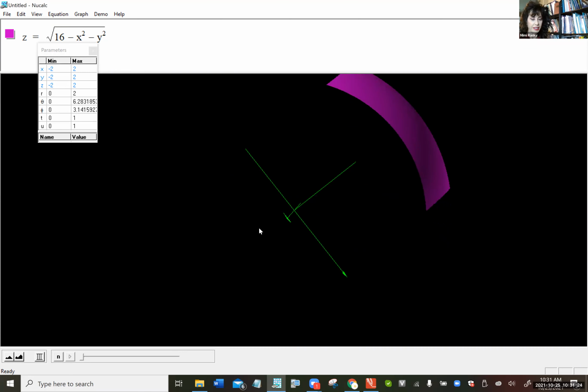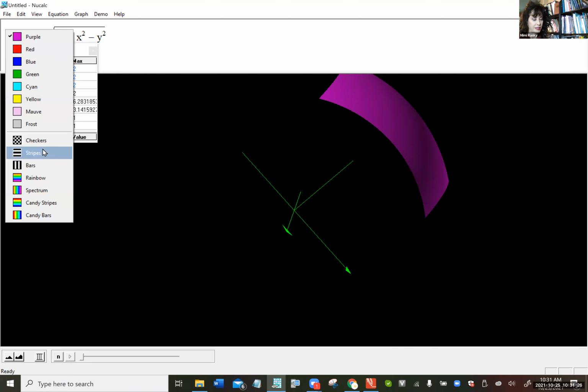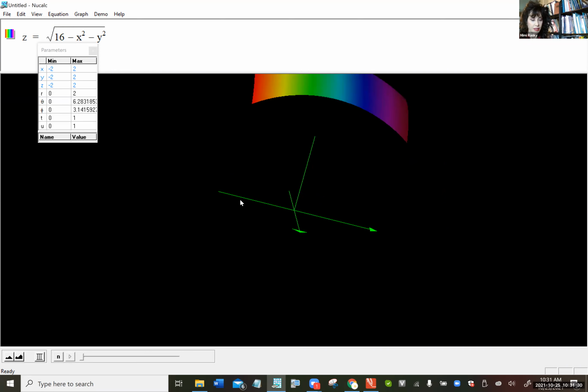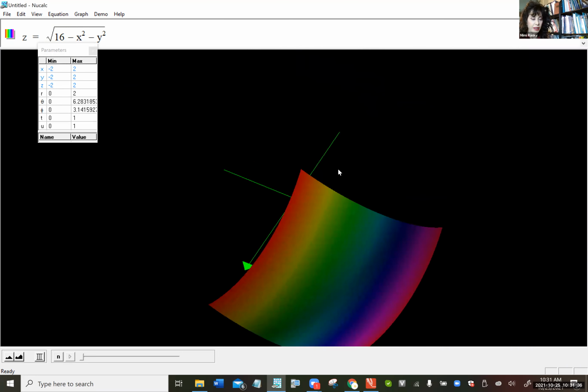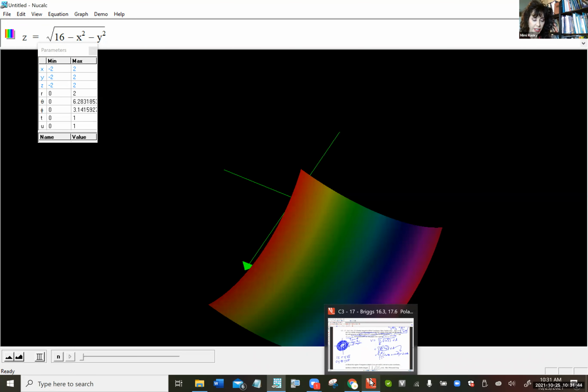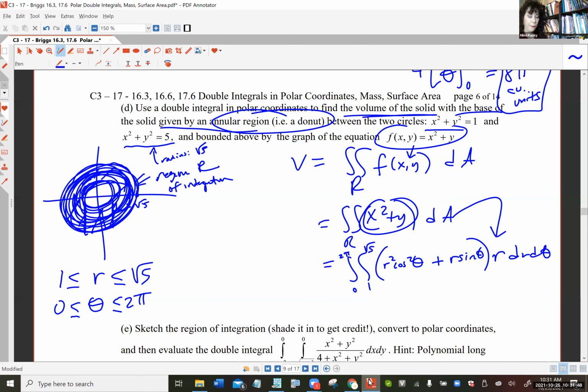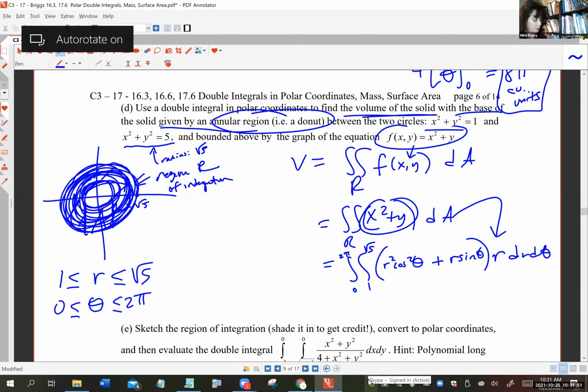You can see how that's kind of nice. Yeah, that looks kind of pretty. Okay, so just taking a look at some of our capping surfaces. You don't have to do that, but it's kind of fun to always look and see what the capping surface looks like. So that's the top of the solid.